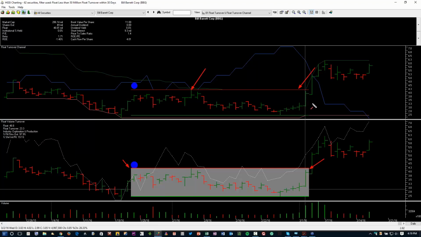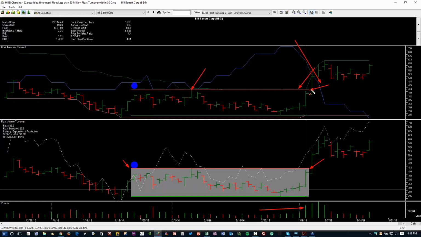Now, theoretically, the buy point would be when it surpasses this area right here, this horizontal line right here, because the float has turned over and there is plenty of buying pressure. How do I know there's buying pressure? Because this blue line has been coming down as the volume has been going up.